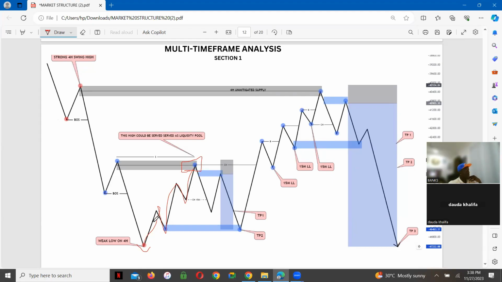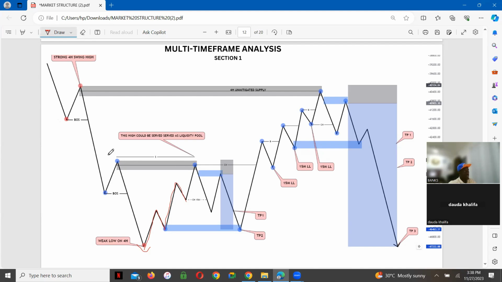We wait to see how price reacts when price gets around our supply zones. You understand? So here, price came from down here, creating a series of higher highs. So this is a minor uptrend, which you know is basically a correction or a pullback.